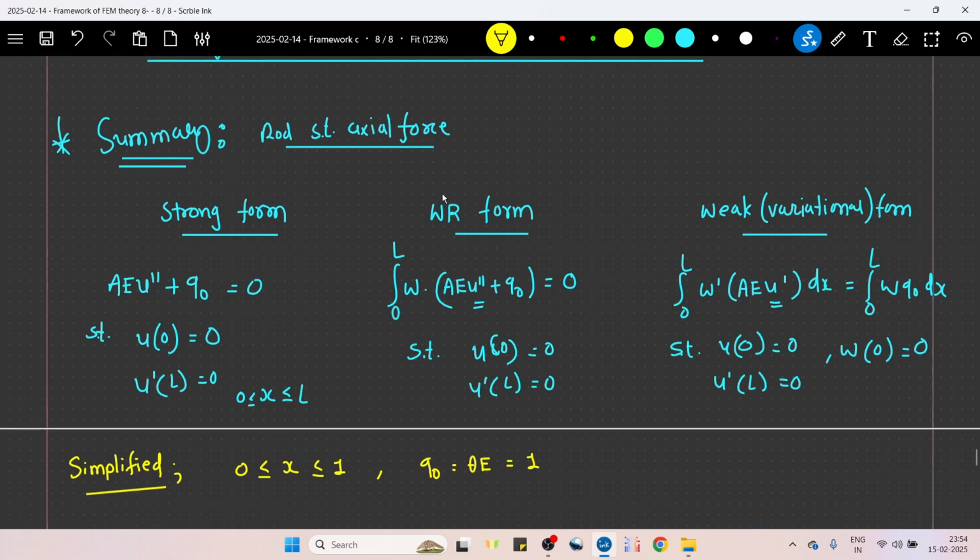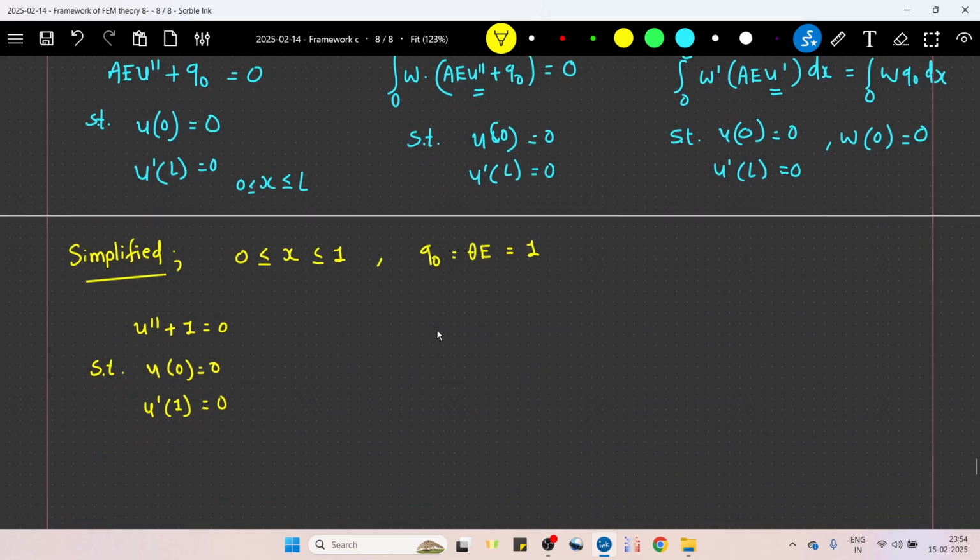And what is the weighted residual form? As we said, we'll assume a trial function, and since it's a trial function, we get a residual. We multiply it with our weighting function and try to minimize it in an average sense over the domain. Since u is an assumed or trial function, when we substitute u in our strong form we will not get 0, so we get a residual.